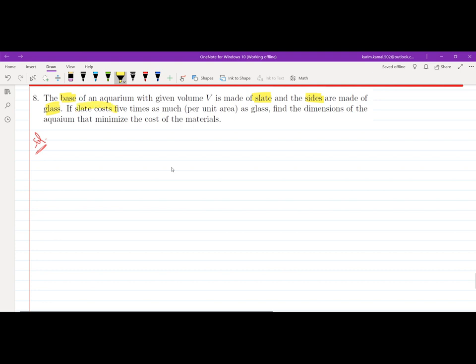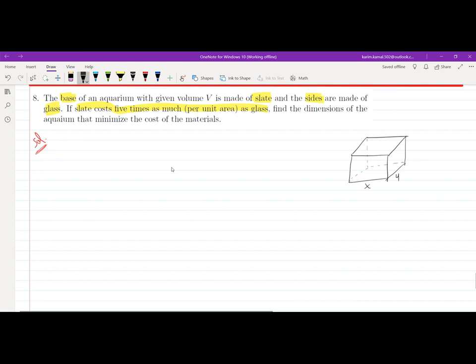And if you imagine with me this aquarium, we imagine it as a rectangular box like this. Let the dimensions be x, y, and the height is z.